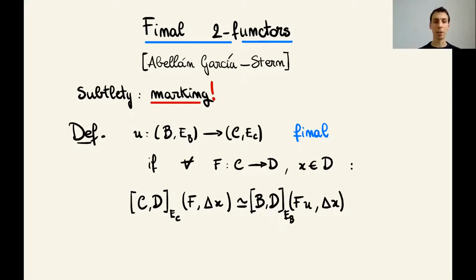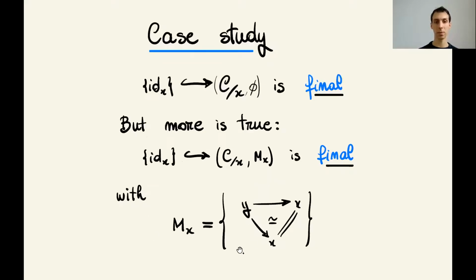It means that for every one arrow in this marking of C, there are going to be some triangles, some cocones over X, which are invertible. And this for any functor F and any X in D, right? This marking here. Okay, so it seems to fit a bit in the pattern we want. It seems to be already kind of conceptual.